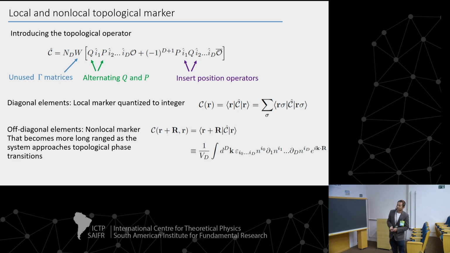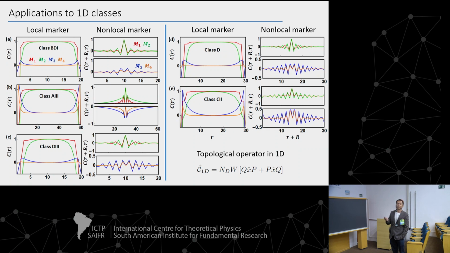So now, in the last 5 minutes of the talk, let me just convince you that it works in all the models that you have on the market. In every spatial dimension, you have 5 symmetry classes that are topologically non-trivial. They are given by this Cartan group theory notation.